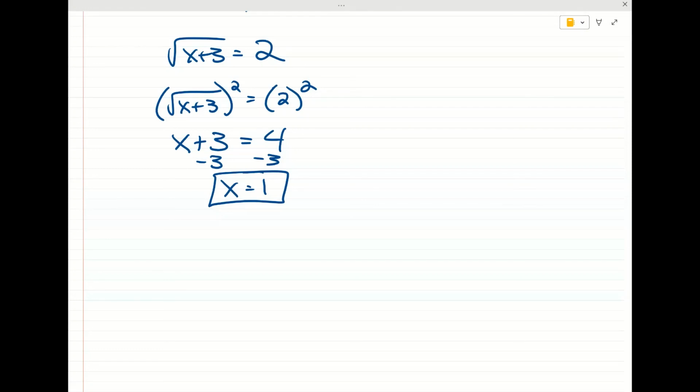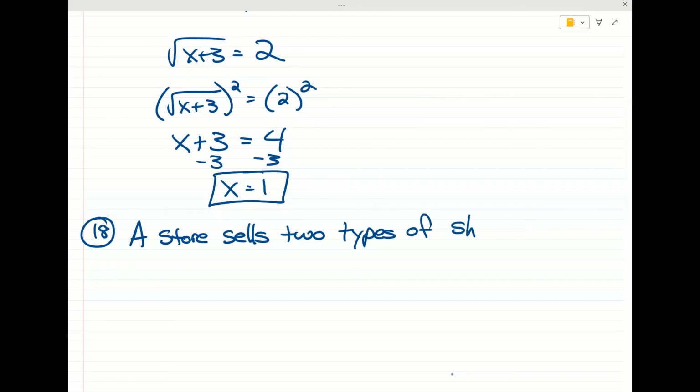Last problem I wanted to go over with you, problem number 18, is a word problem. So let's say a store sells 2 types of shirts. A fancy one sells for $26.